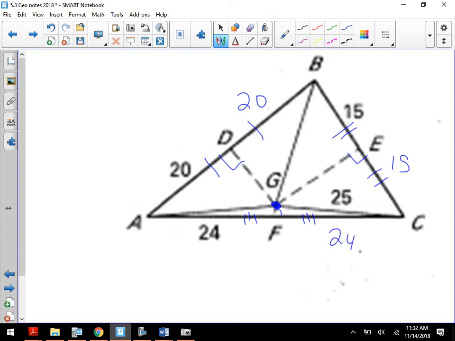Now you got to look at it carefully. From this point to the vertex is 25, which means this point to the vertex has to be 25, which means from this point to this vertex has to be 25. Because from the point to the vertex is always the same. That's where that comes from.